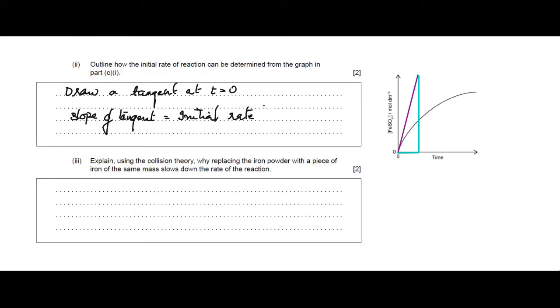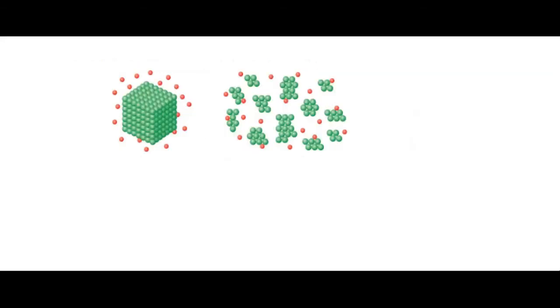For that, let's try to understand it with the help of a diagram. Here, let's assume that this is a block of iron. This is an iron block. And these green particles are powdered iron. When we are using a block of iron, limited number of iron particles are only exposed to the copper sulfate molecules for collision and getting converted to product.